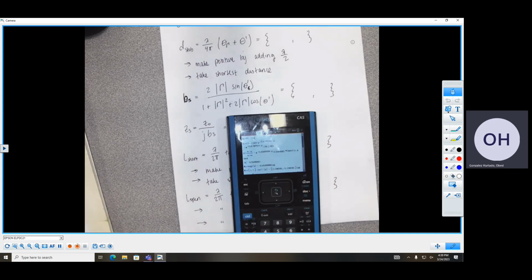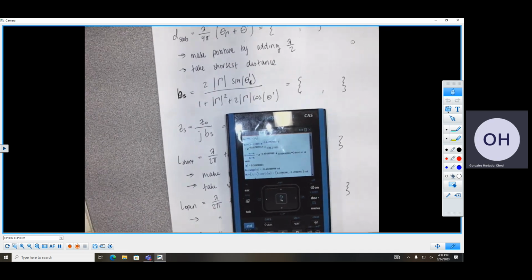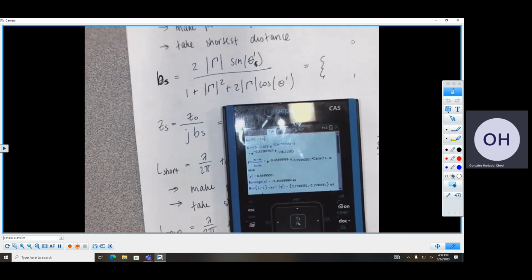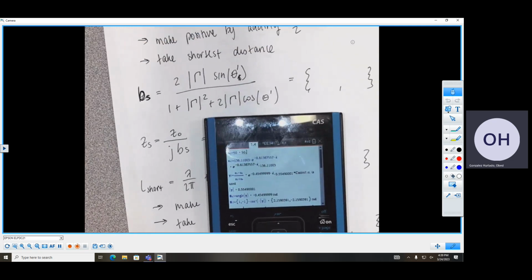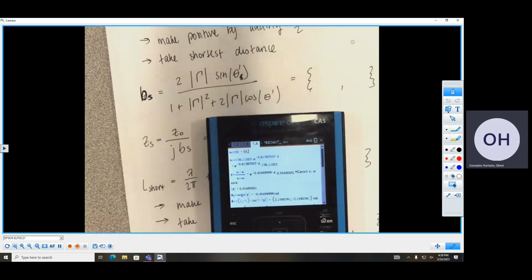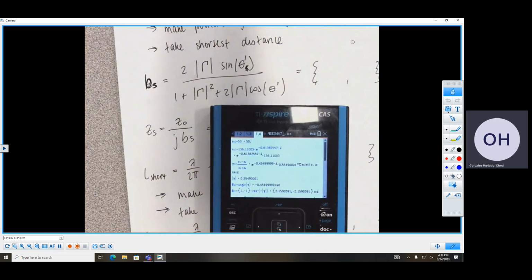Okay, so this is how I program my character. I made the fonts very tiny. Zoom in. You can hold it down. There you go. Very tiny. So that's Z naught.